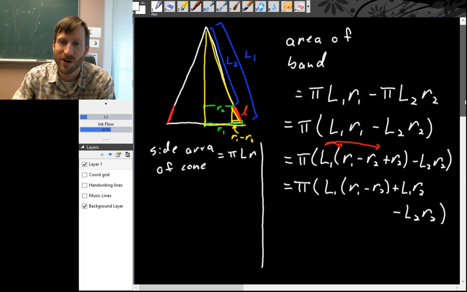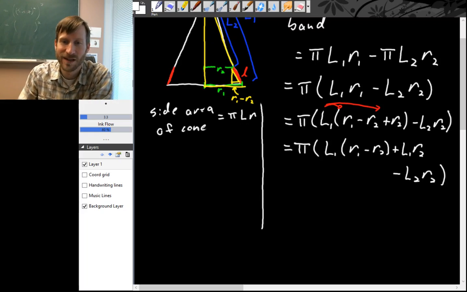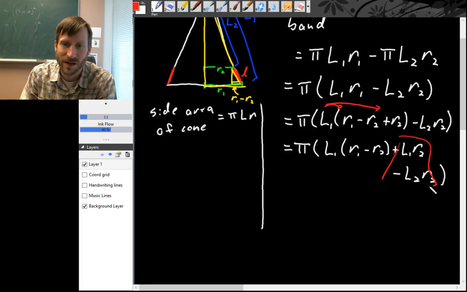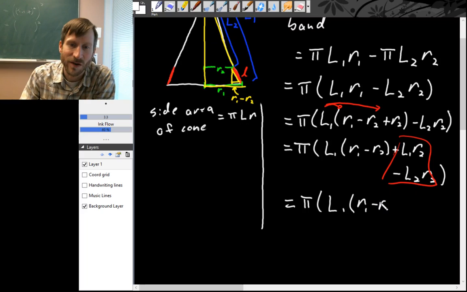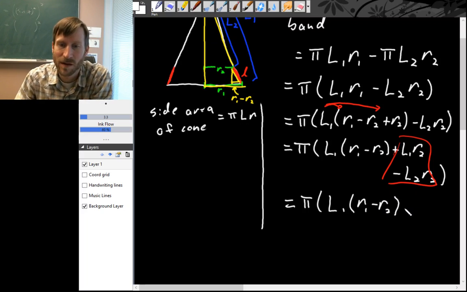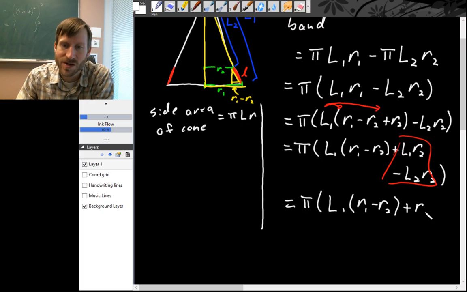Okay, and now in these second two terms, they have an R2 in common, so we can factor out R2 from there. We get pi times L1 times R1 minus R2 plus R2 times L1 minus L2.